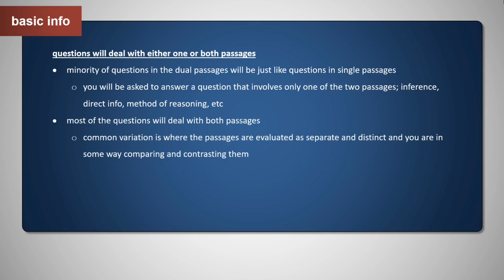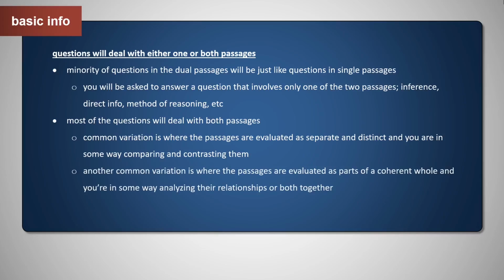And a common variation is where the passages are evaluated as separate and distinct, and you're in some way comparing and contrasting them. Another common variation is where the passages are evaluated as parts of a coherent whole, and you're in some way analyzing their relationships. So that's the deal with the dual questions.